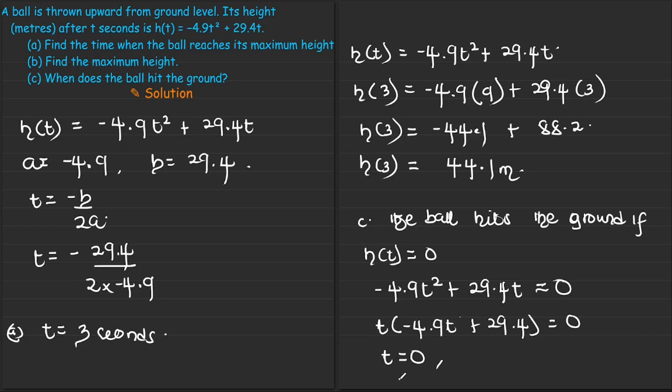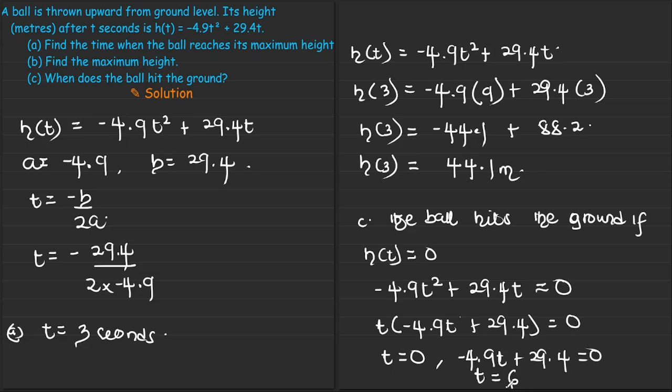That is at the start time. Then for this other one, we have negative 4.9 t plus 29.4 being equal to 0. If you solve, making t the subject, you get your t, which is equal to what?